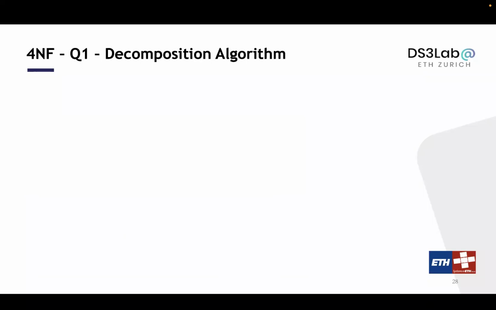Another question is, given a schema that is not in fourth normal form, what can we do? Similar to BCNF, you also have a decomposition algorithm for fourth normal form.